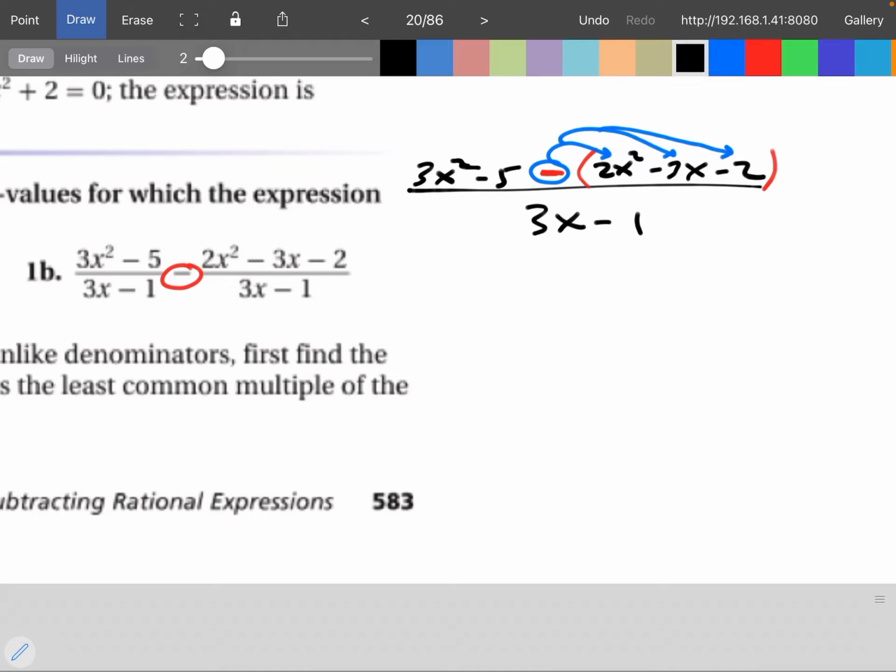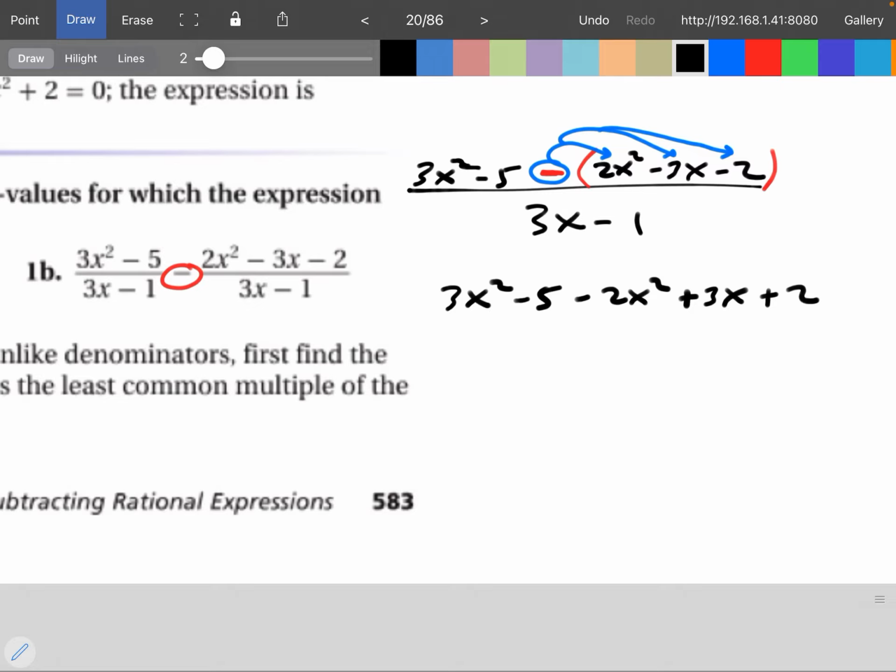All right, so if I do that, then my numerator is going to become 3x squared minus 5. And then if I distribute that negative, it's going to become a negative 2x squared plus 3x plus 2.